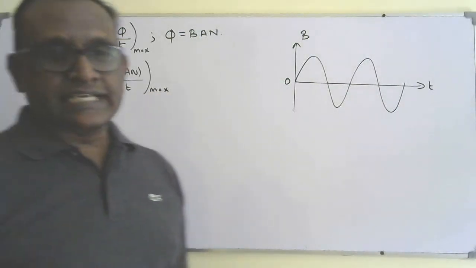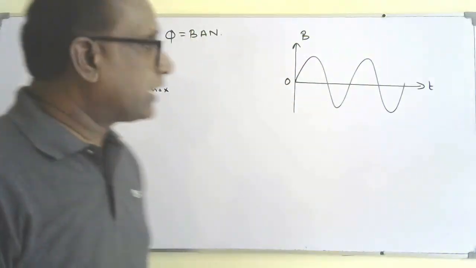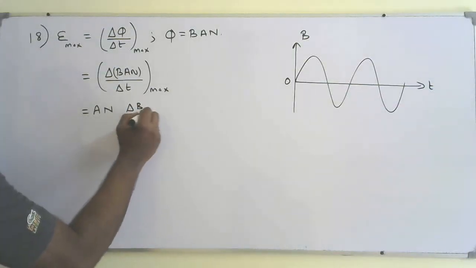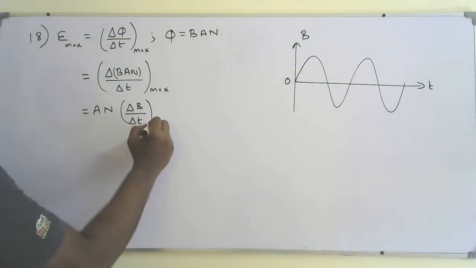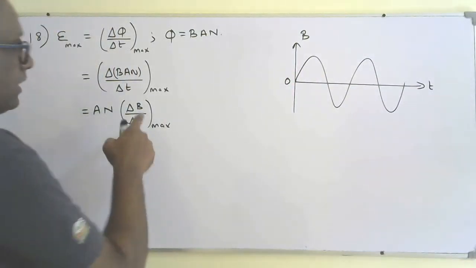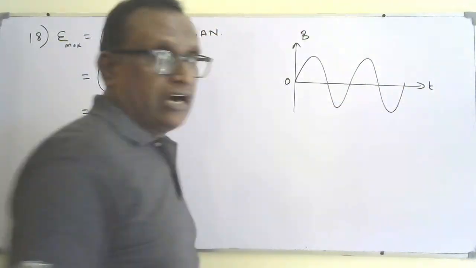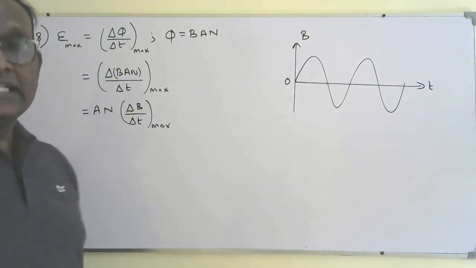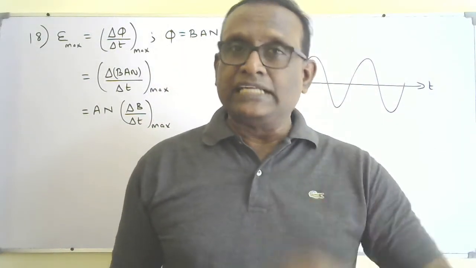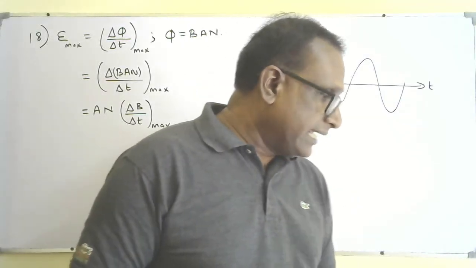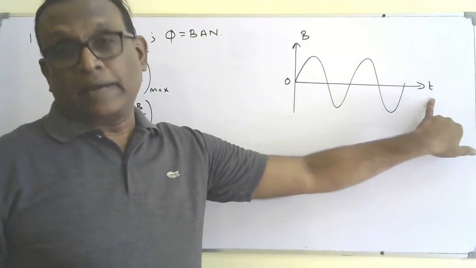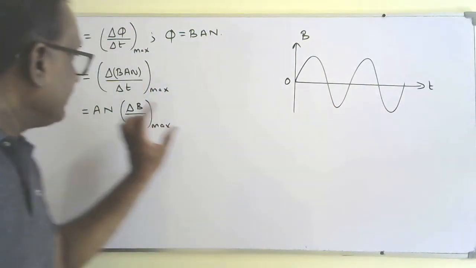Here the area of cross section A and the number of turns have no change, so I can take them out. So AN delta B over delta t, maximum. This is time, this is B. If I have a B against t graph, delta B over delta t gives the gradient. You know that in a y-x graph, delta y over delta x or dy over dx gives the gradient. So here it gives the gradient of the magnetic field strength against time graph. So I need to find the maximum gradient.